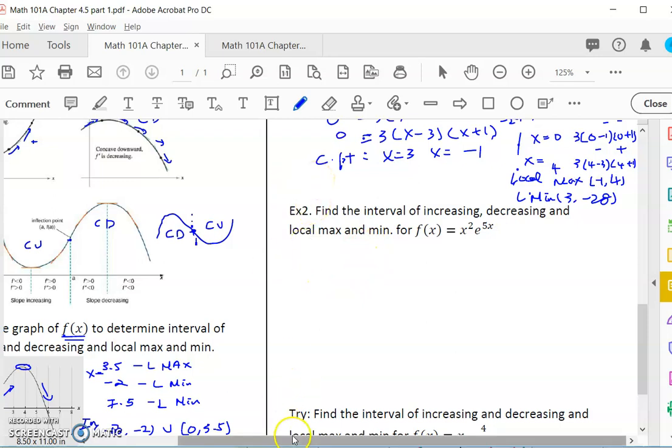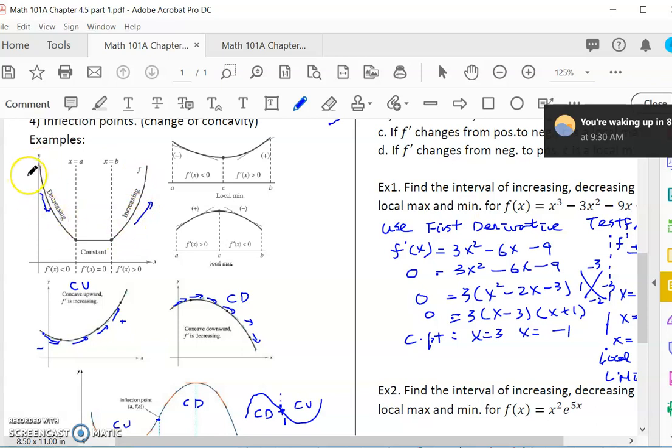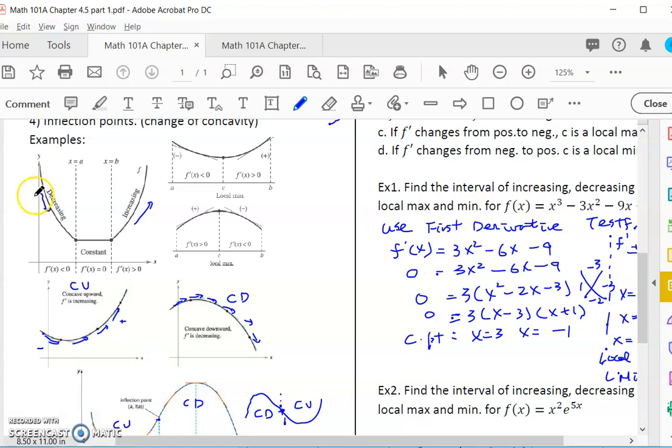Basically, if you look at the two graphs that we have here, when a graph is increasing, the tangent line slope in all these intervals must be positive. And when the graph is decreasing, the tangent line slope, which is f prime of x, is negative. So if you do a test on when f prime is 0, and then you look at the intervals, you will see that it is increasing or decreasing.